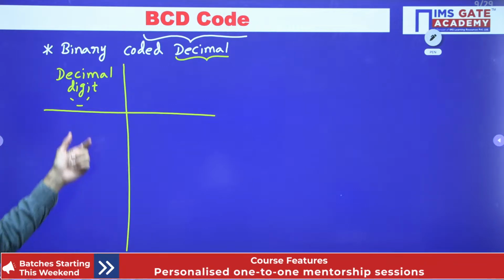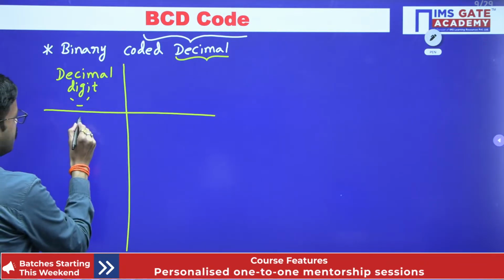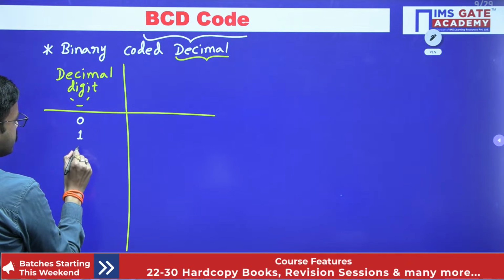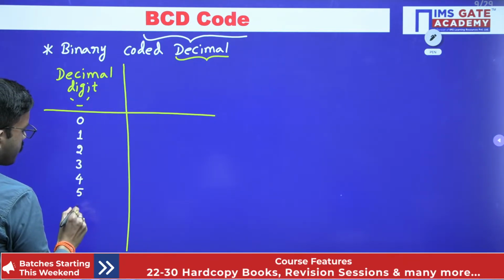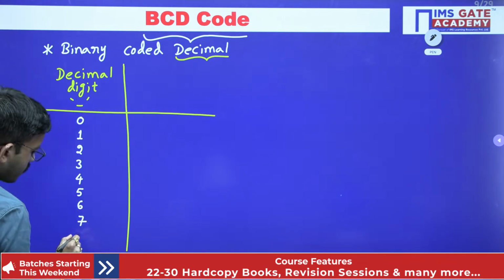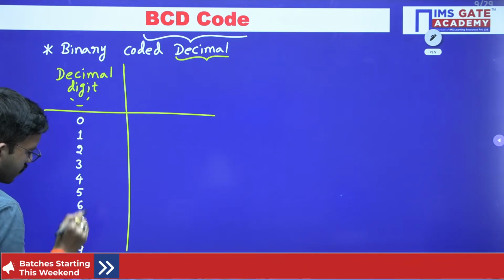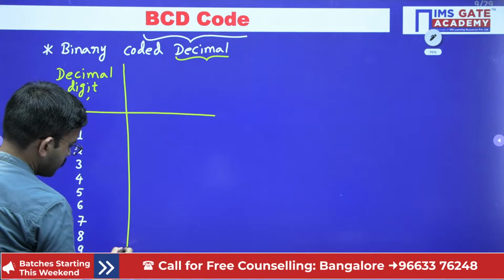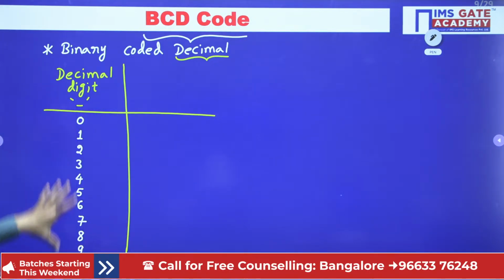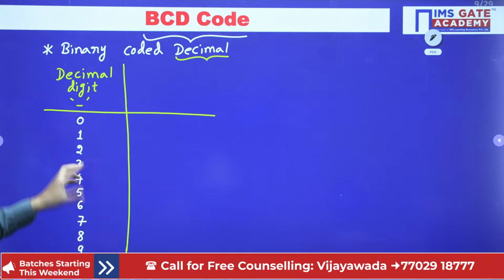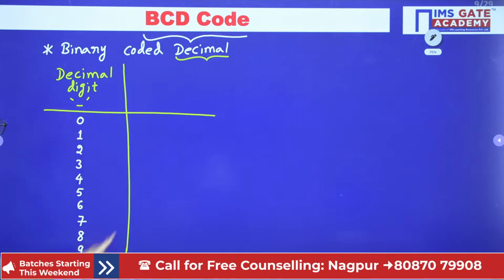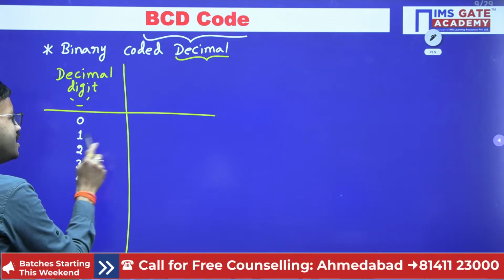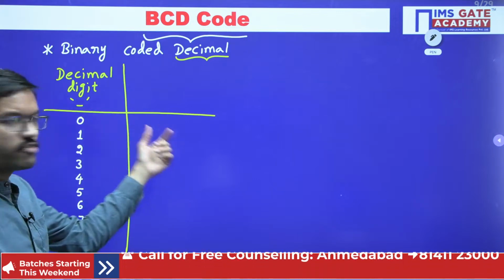You will get 0 to 9. Yes or no? 10 possible values are there. Whenever you have a single decimal digit, you can represent any of these 10 possible values. So for representing these decimal digits, we are using one binary code.